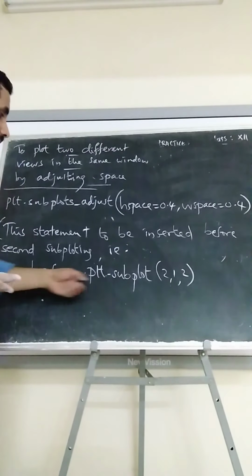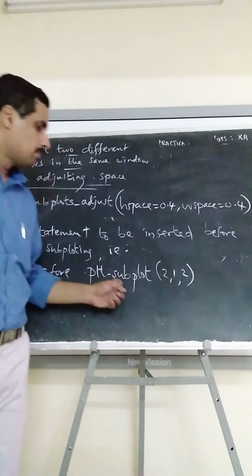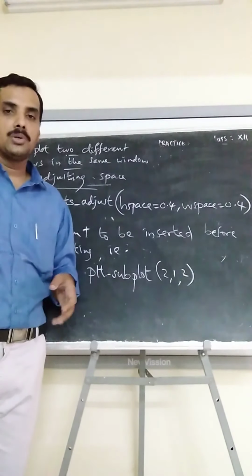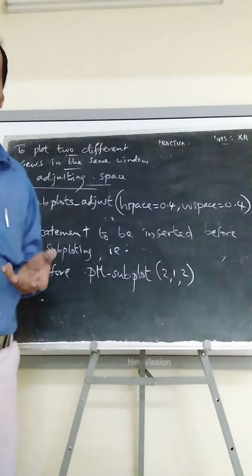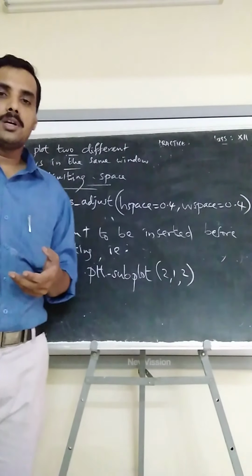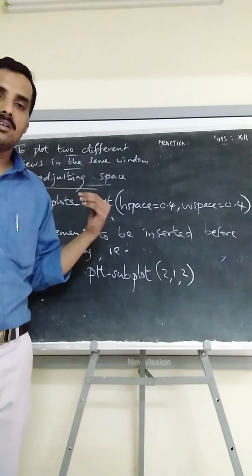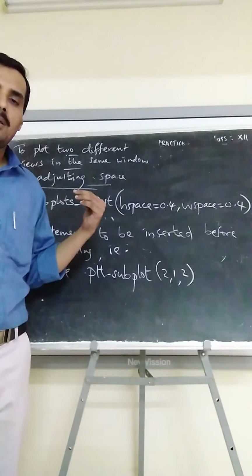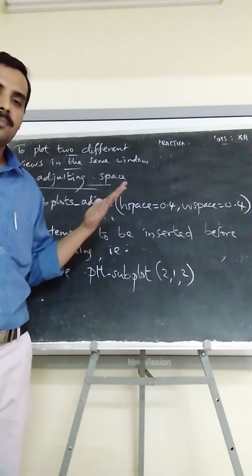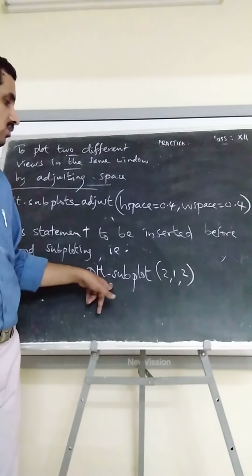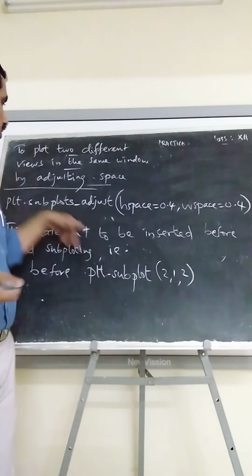The next statement after this in your program will be plt.subplot(2, 1, 2). I am not writing the whole program because it's already there. When you try it in the system, first you will try the first program, and after plt.plot of the first part, before this plt.subplot, you will insert this.